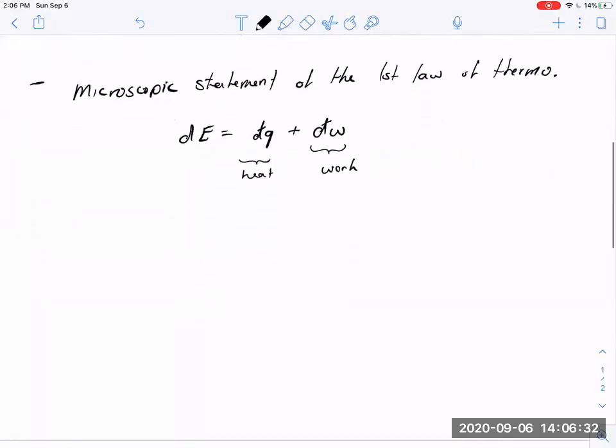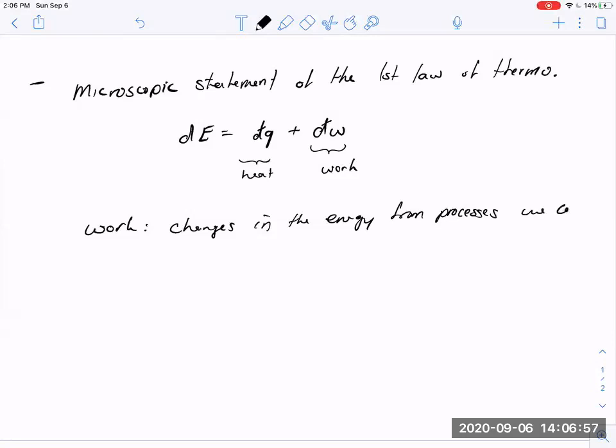The operative distinction is that work affords changes in the energy from processes that we control, while heat results in changes in the energy from processes we do not control.